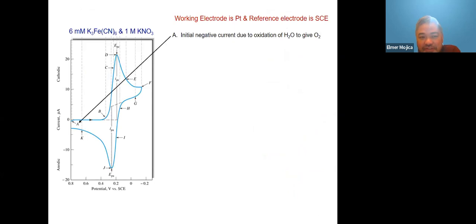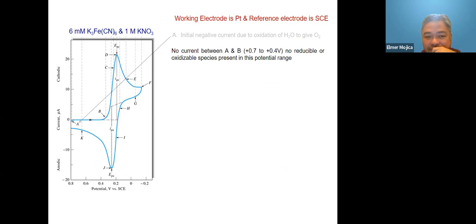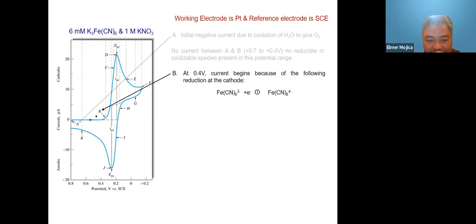Okay? So if you're going to look at what is happening here, you have an initial negative current due to the oxidation of water to give oxygen. And then, wala siyang current kasi constant. Okay? And then at 0.4 volts, the current begins because of this reaction.